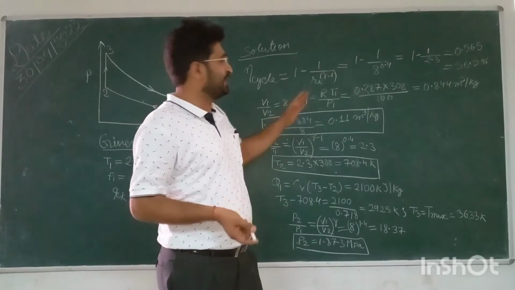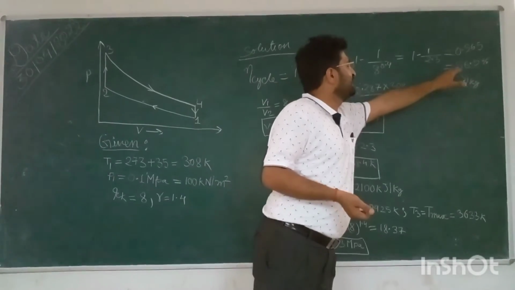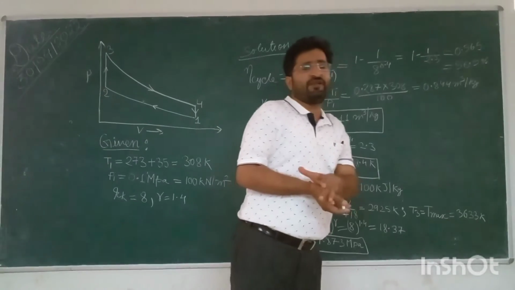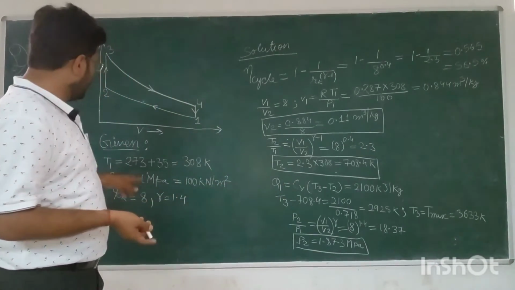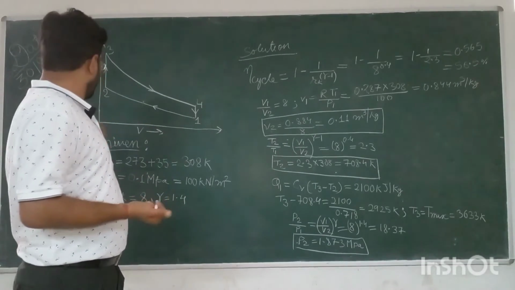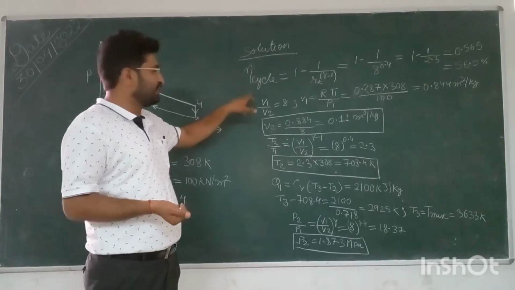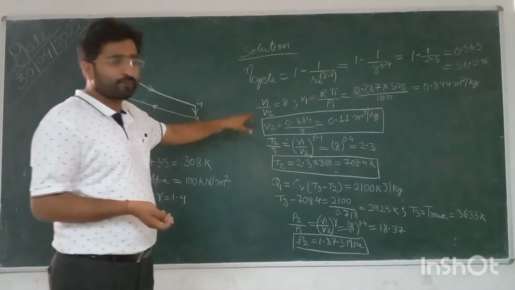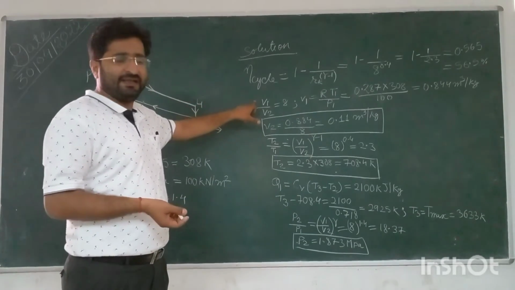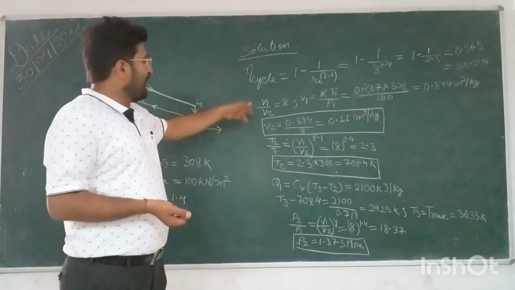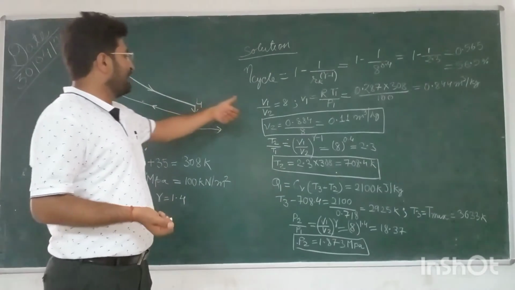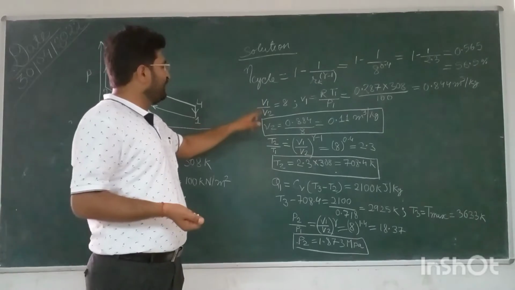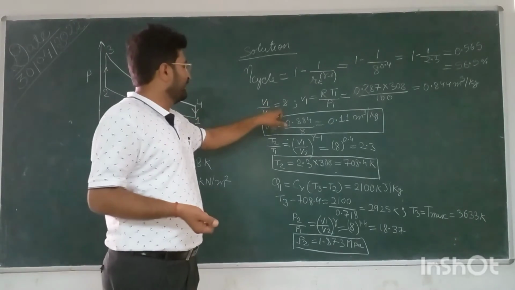That means to say the efficiency of an Otto cycle is 56.5%. Now we have been given the compression ratio, and we have already discussed that compression ratio is nothing but the volume at the initial and the volume at the final compression, and it's V1 by V2 equal to 8.